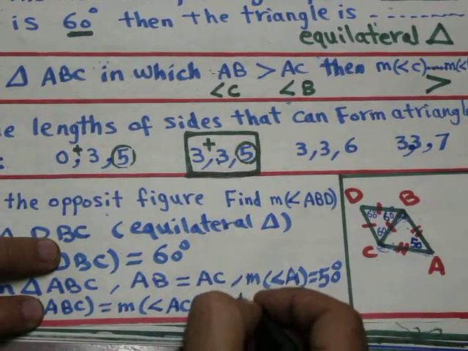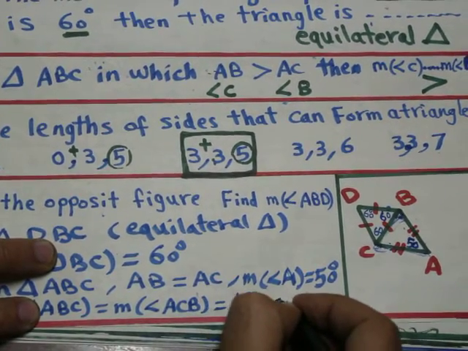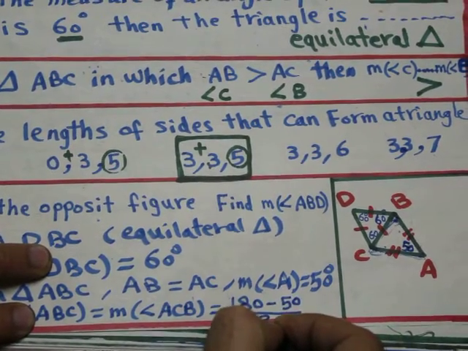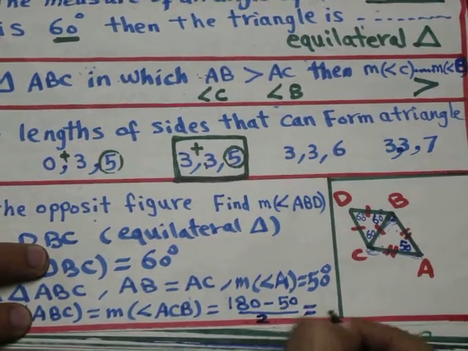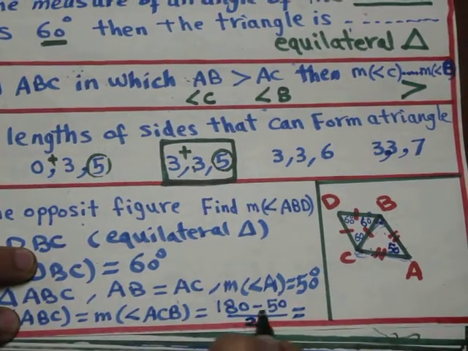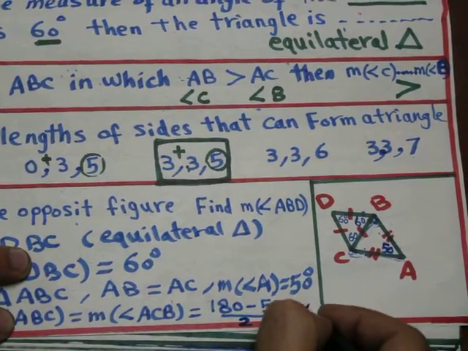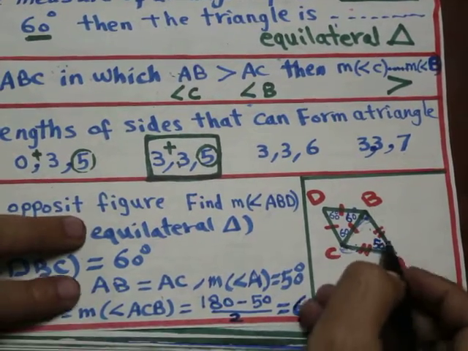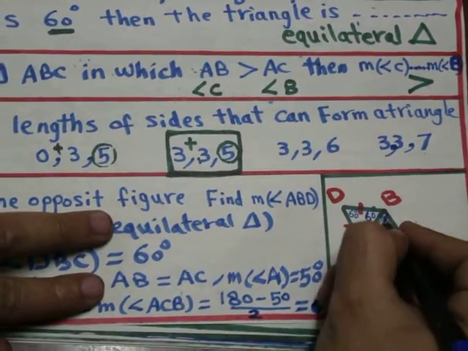So we say 180 minus 50, divided by 2. 180 minus 50 equals 130, divided by 2 equals 65 degrees. So the angle ABC equals 65 degrees.